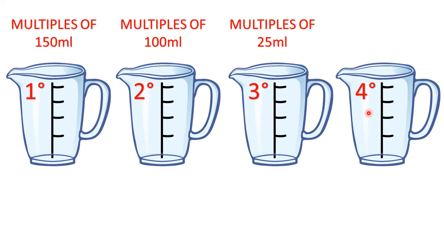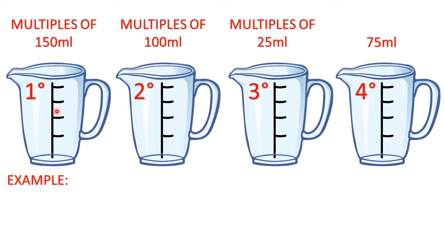And in the fourth, she pours 75 milliliters. Be careful, not a multiple of 75. 75 milliliters, and that's it. The total of the first jug plus the second plus the third plus the fourth must be equal to 1,850 milliliters.